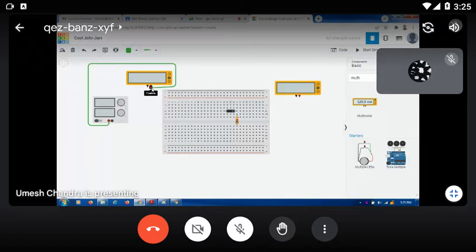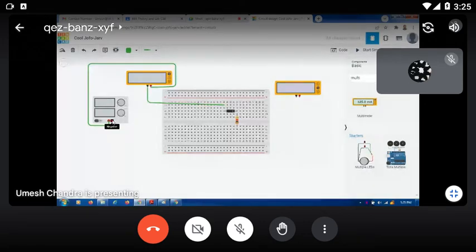And the negative of the ammeter is connected with the positive of the diode. Here. Then the negative of the power source.